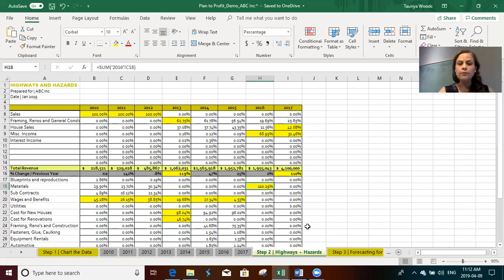So the only percentage here, if you look at line 16, is the percentage of change from the year previous. This is the only percentage point that is actually calculating based on looking at a previous period. That's it. Every other percentage point in here is based on the revenue of that year.